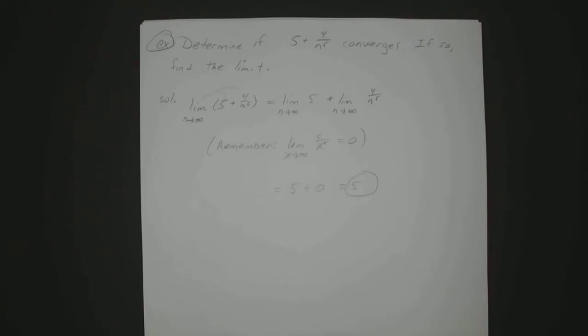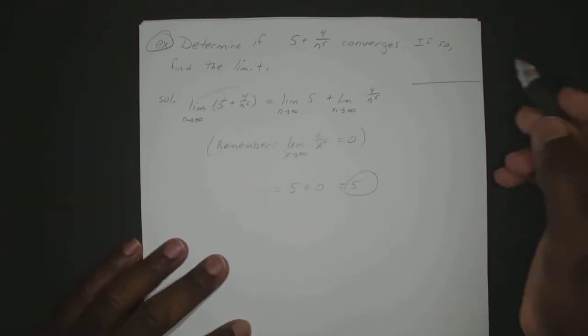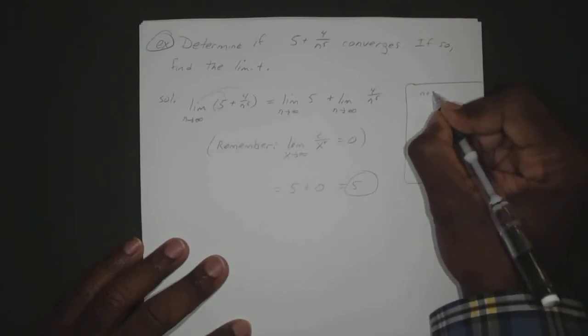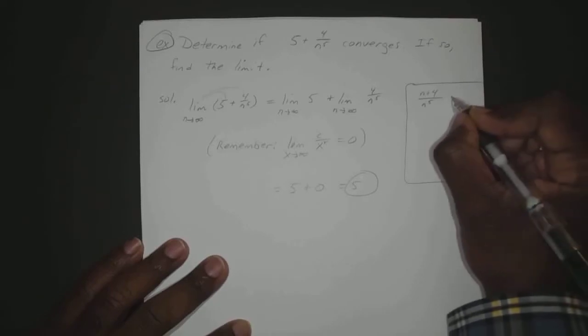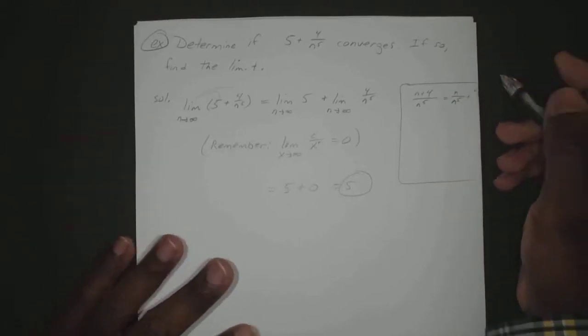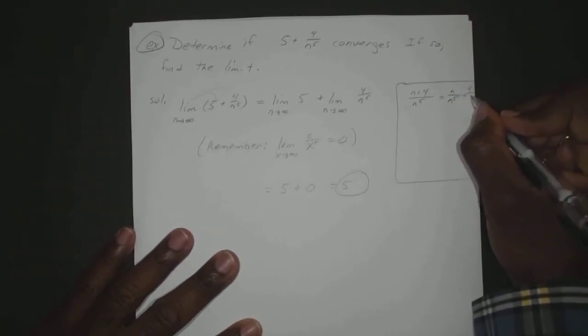Yes. If it were n plus 4 over n to the fifth, wouldn't that just split up into two different fractions? Yes. That would become n over n to the fifth plus 4 over n to the fifth. And then both of those would go to 0, right?